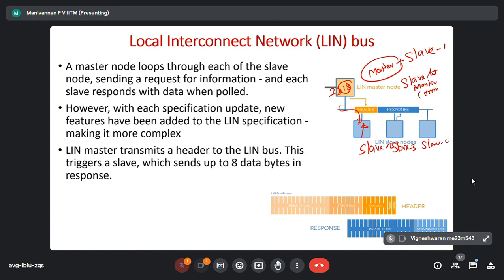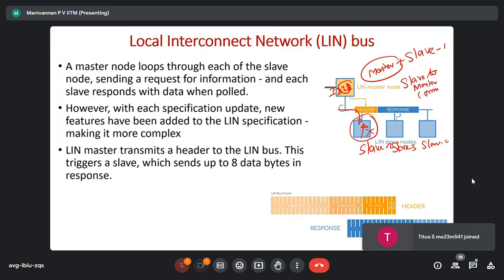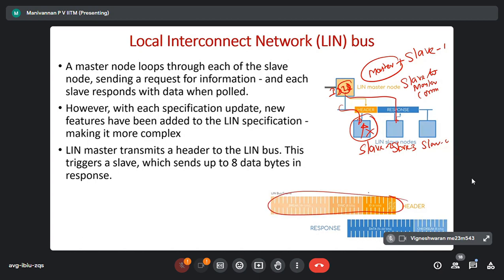Instead of that, if the master asks for 22, he will ask slave 1. This fellow says no. Then the master will send a request with a header alone. In slave to master, the master will ask for data and the slave will respond.